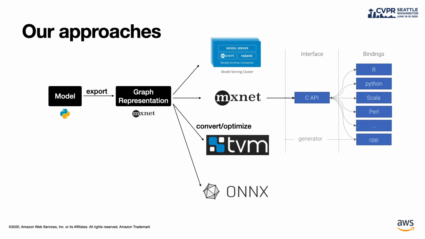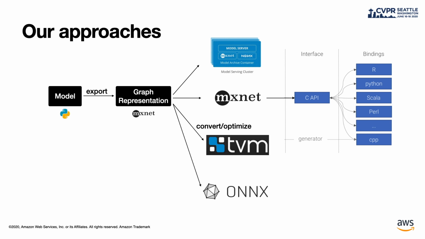First, converting the dynamic Python code to a static graph representation. By performing inference once, MXNet is able to record the entire graph representation, because the operators are always supported by the backend, and the order of execution will be fully recorded.